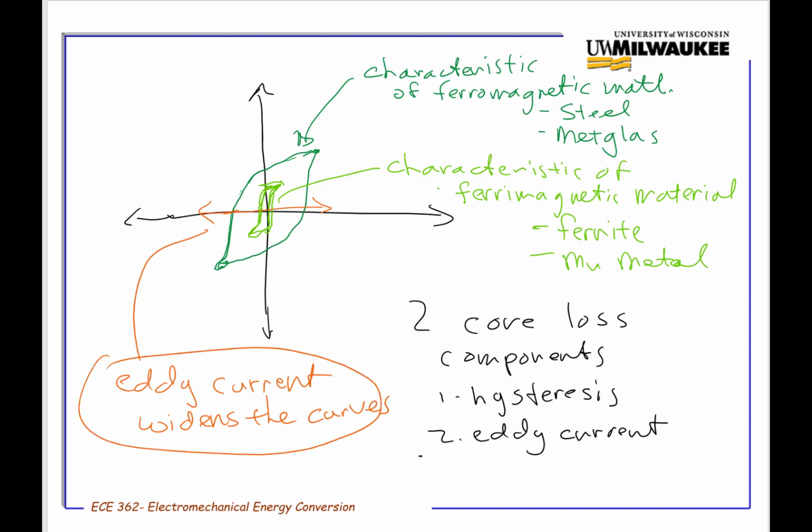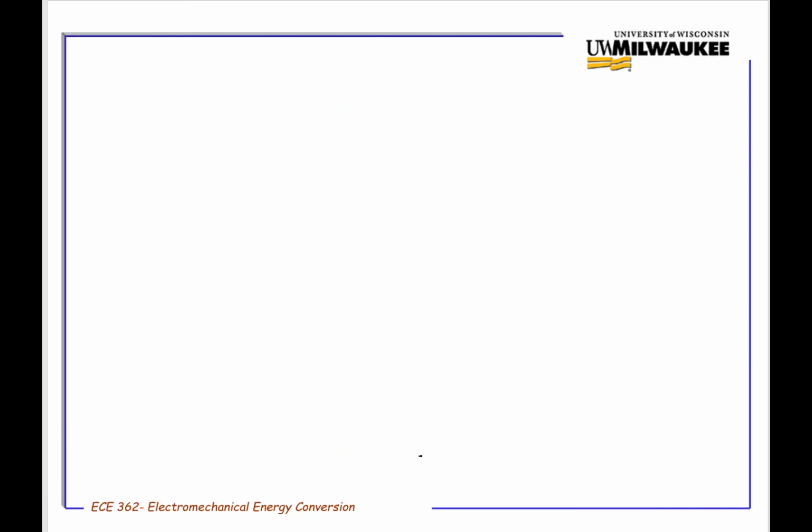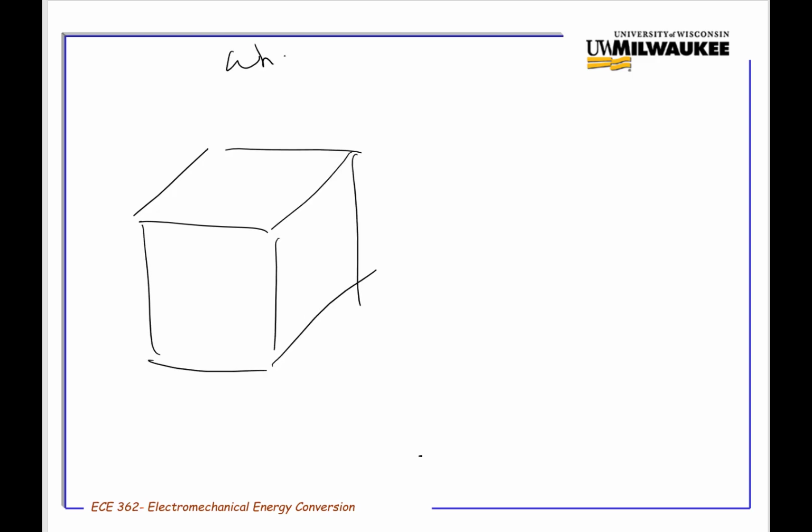So what you want to do to deal with eddy current is, what do you do about it? Well, if you've got a sample of core material, what do we do about eddy current?